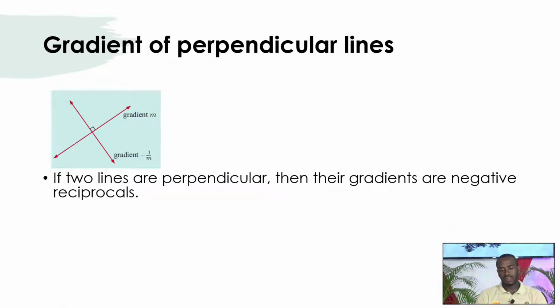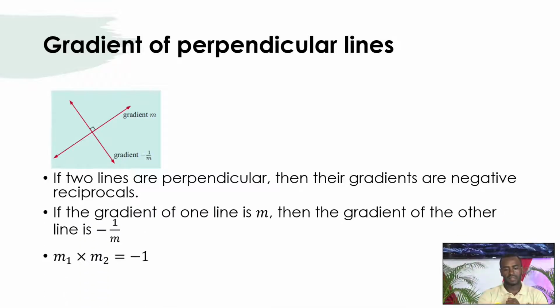The gradients of two perpendicular lines are negative reciprocals of each other. In other words, if one line is being represented by a gradient of m1 and the other by a gradient of m2, then the product of their gradients should give us -1.